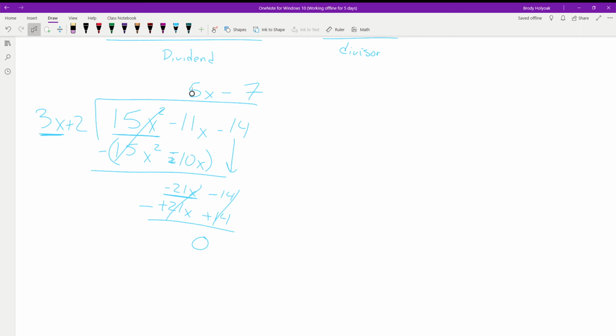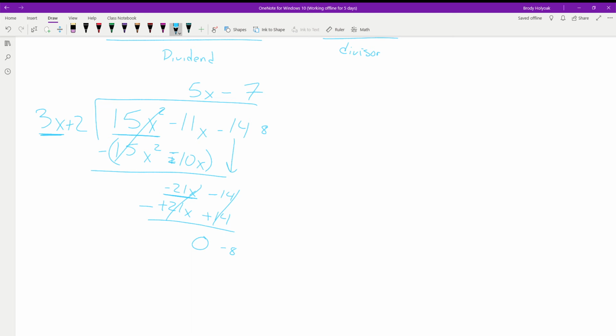We perform the multiplication of the new quotient value and the divisor to get this value, which then we subtract, and then we bring down any extra values, and then we look at it again. If this wasn't 14, let's say this was 8, we would have ended up with a negative 8 left over. Can we get a 3x to turn into an 8? No.